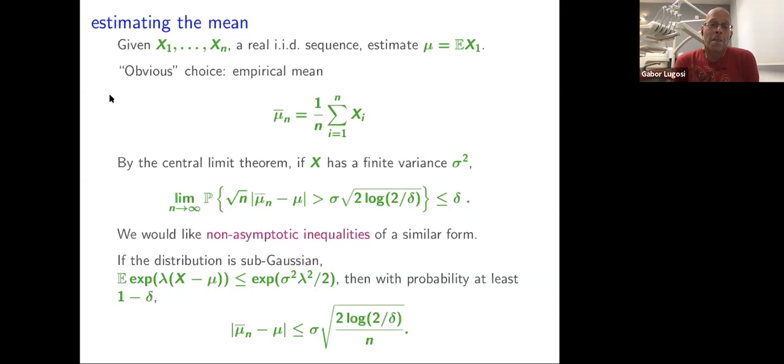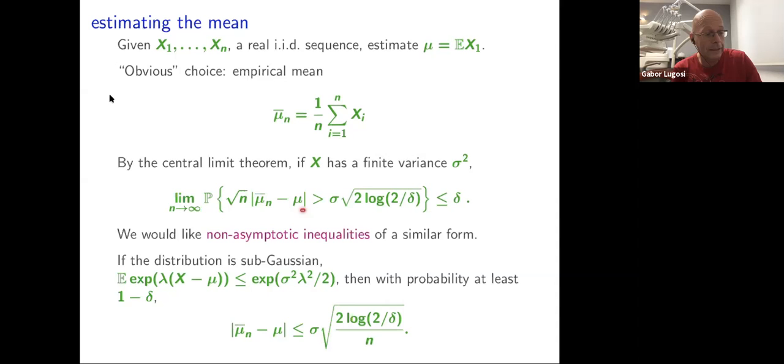But if we assume the finite variance, then for example, we have the central limit theorem. I formulate now the central limit theorem in the form of an inequality, which is not the exact statement, but essentially what the central limit theorem says is that square root of n times the error behaves like a Gaussian random variable, and in particular, Gaussian random variables have this type of tail behavior.